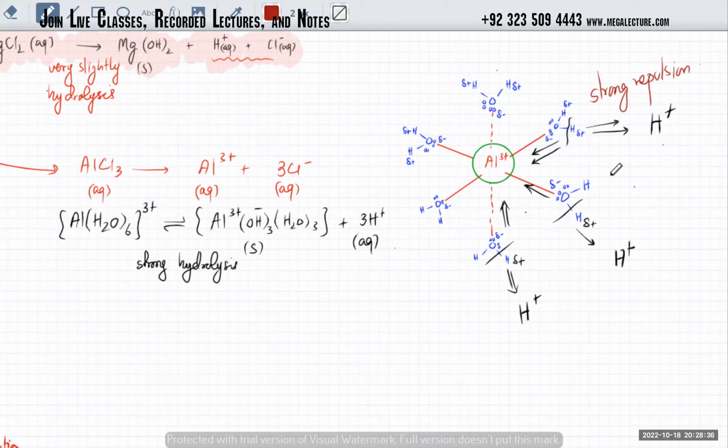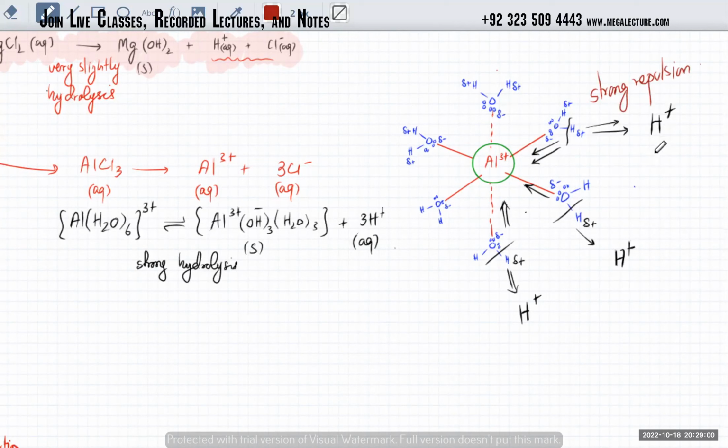So why not the 4th one? Well, why not 4 H+ ions? Sir, because it's 3+? हाँ, अच्छा उसकी reason ये है कि you need a positive charge to repel a positive charge, right?